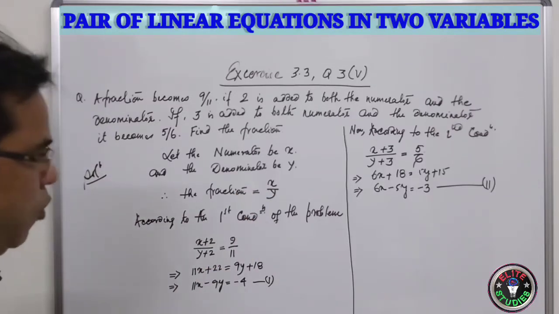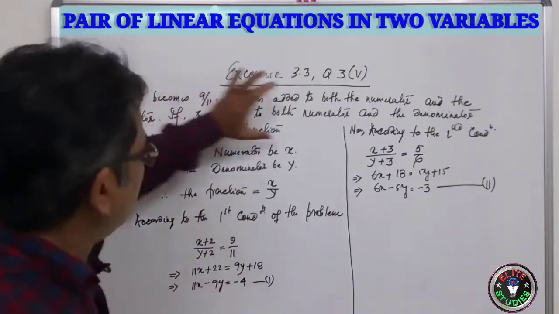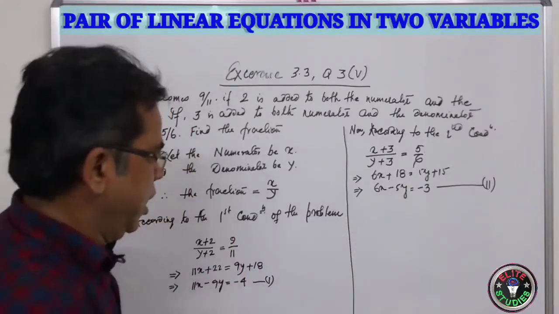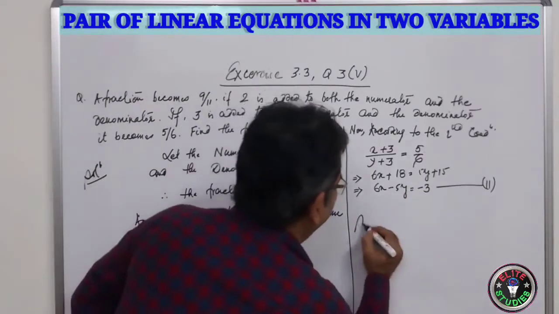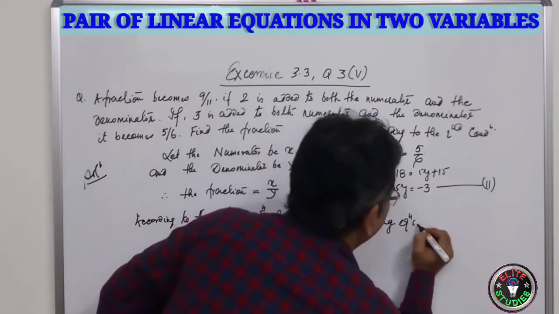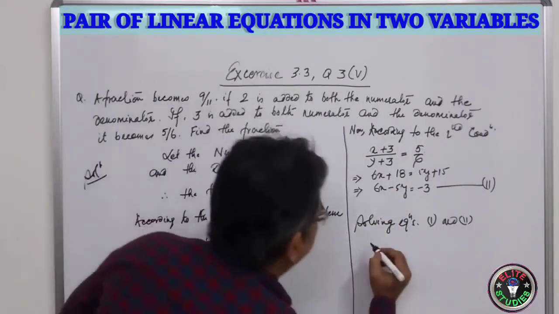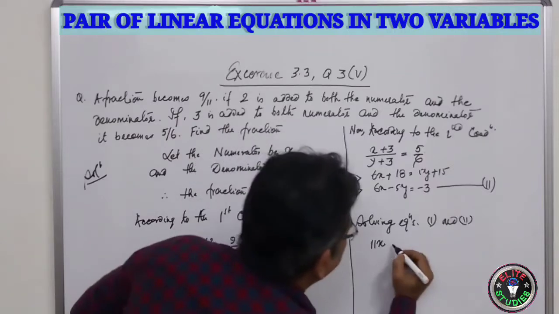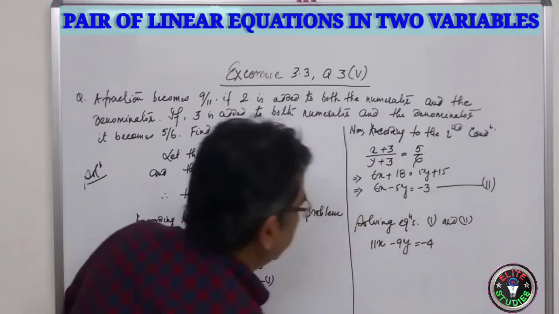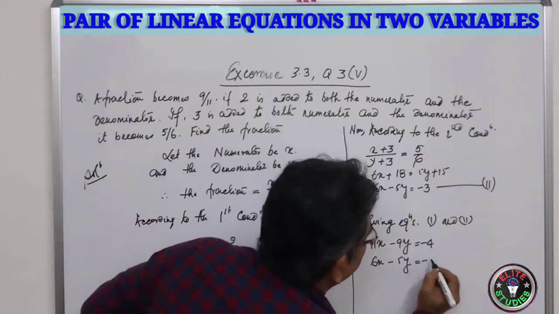Now we have framed, as I told you, two equations based on the given conditions in the question. Those two equations are: 11x minus 9y is equal to minus 4, and 6x minus 5y is equal to minus 3.